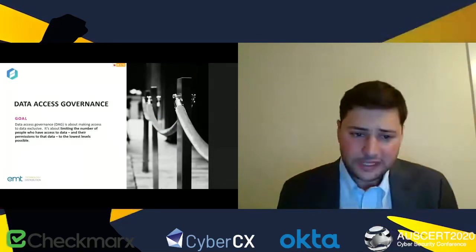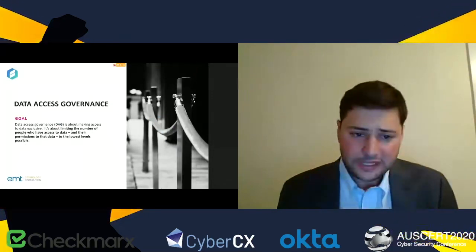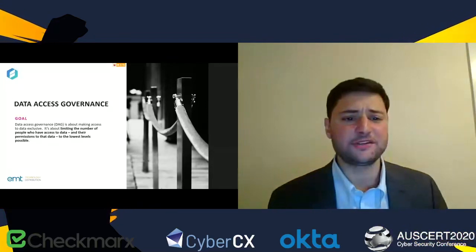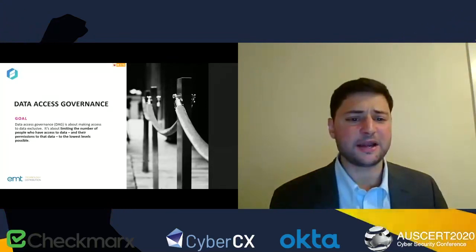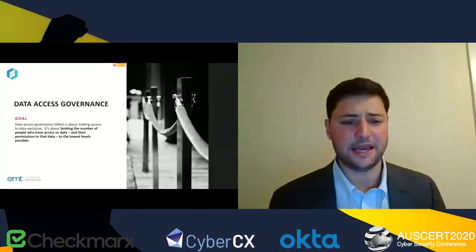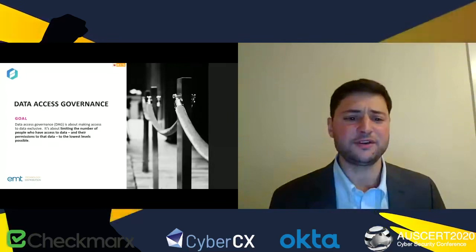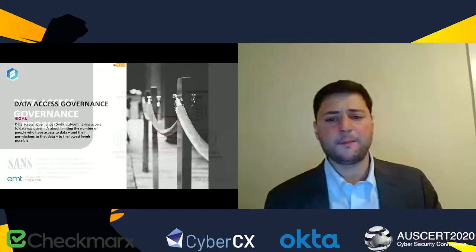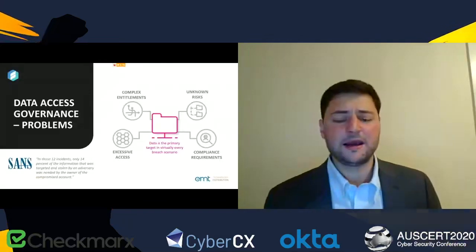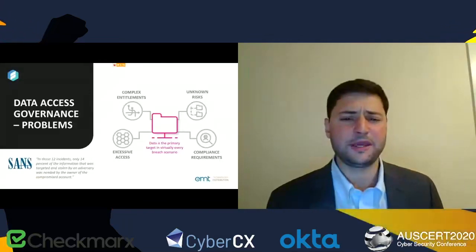So just to set the table with some of the terminology that I'm going to use throughout, if you hear me say data access governance, what I'm talking about is the principle of making access to data exclusive, right? That everyone should have the level of privilege they need to do their job, nothing more, nothing less. That's what we call data access governance. There are a handful of things that are typically in the way of achieving that.